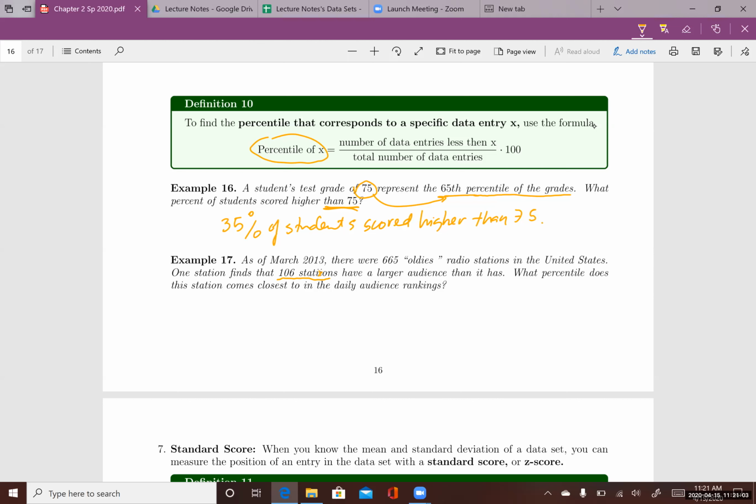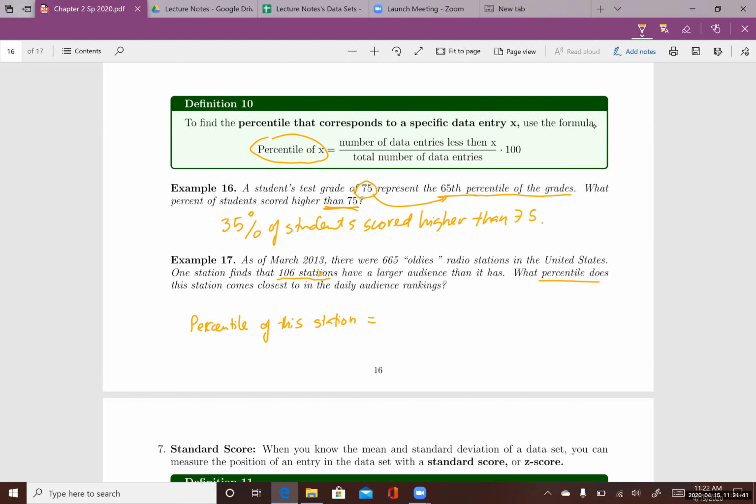Another way to answer this question is to find the percentile of this station. It should be equal to the number of data entries that have a smaller audience than this station, divided by the total number of stations. It has 106 stations that have a larger audience.